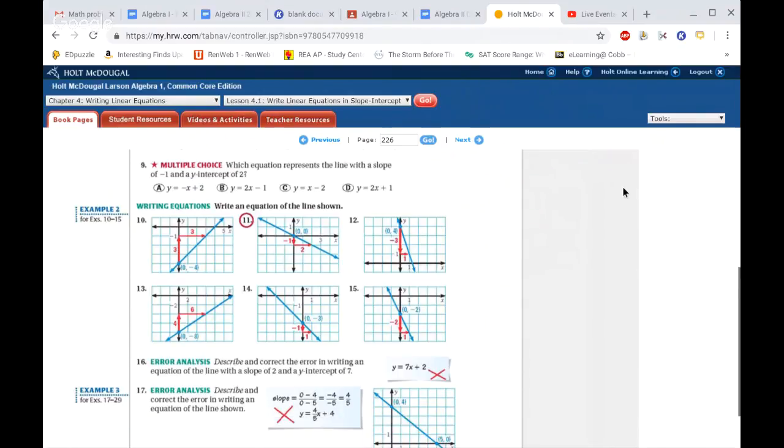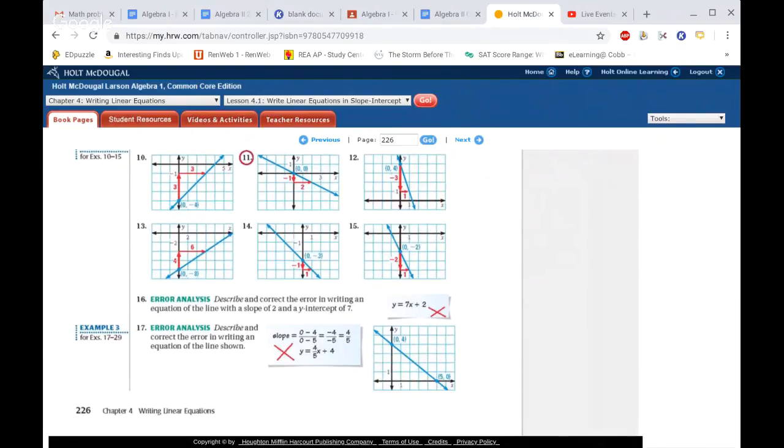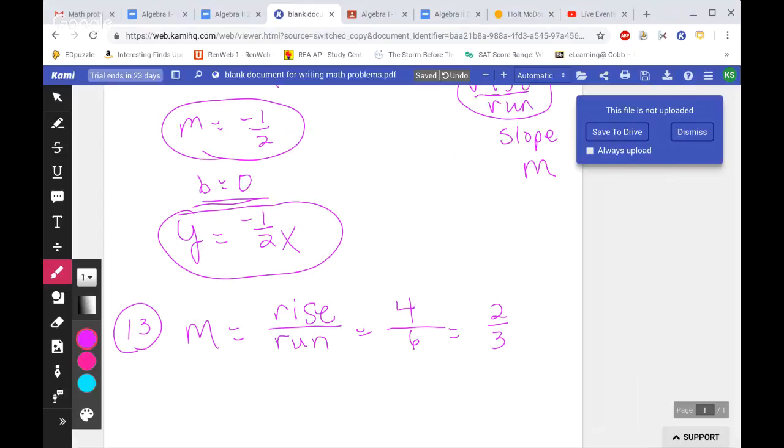Where is this one crossing the y-axis? Is it -8? It is -8. And a thing that I want to point out here, and I'm going to write this over here, it's crossing at -8.